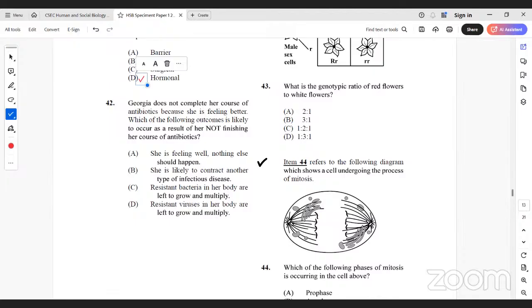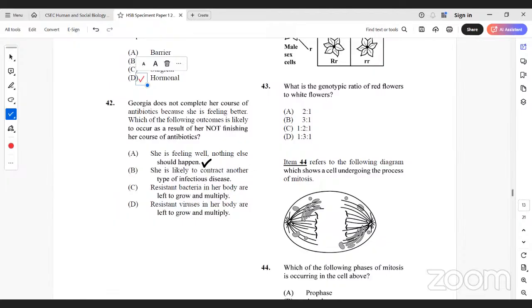This is hereditary and variation, the genetics that we have ventured into. So we are right on track, and these are section C questions coming up. Let's check it out and see.